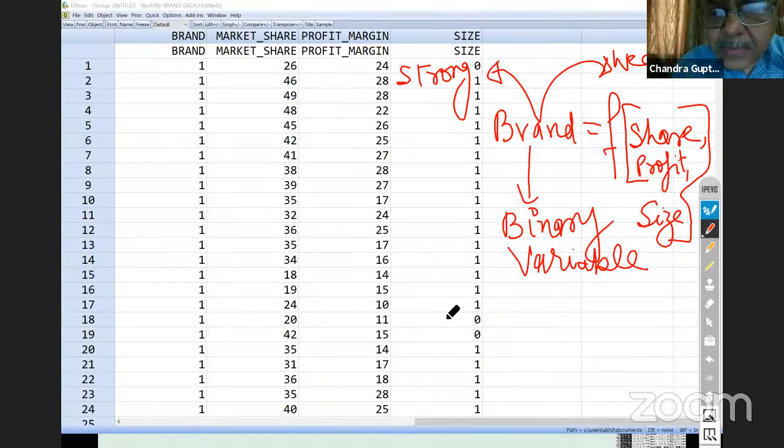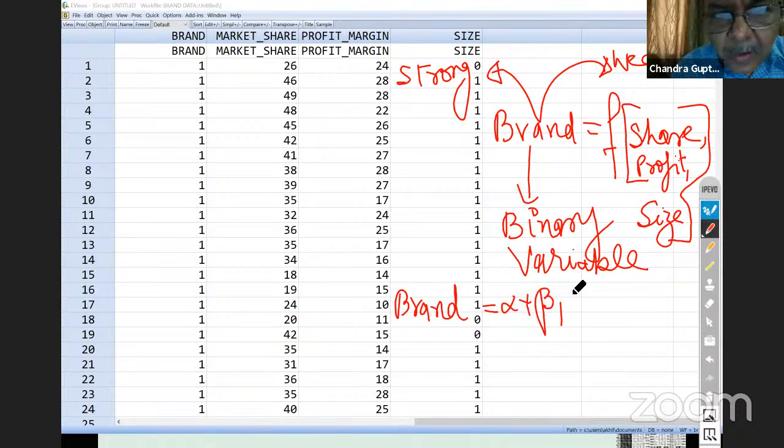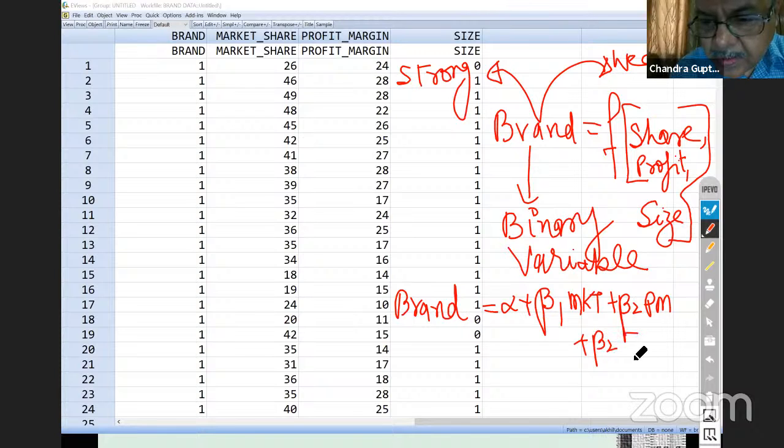And my model becomes brand is equal to alpha plus beta 1 market share plus beta 2 profit margin plus beta 3 size plus error. Is that clear?